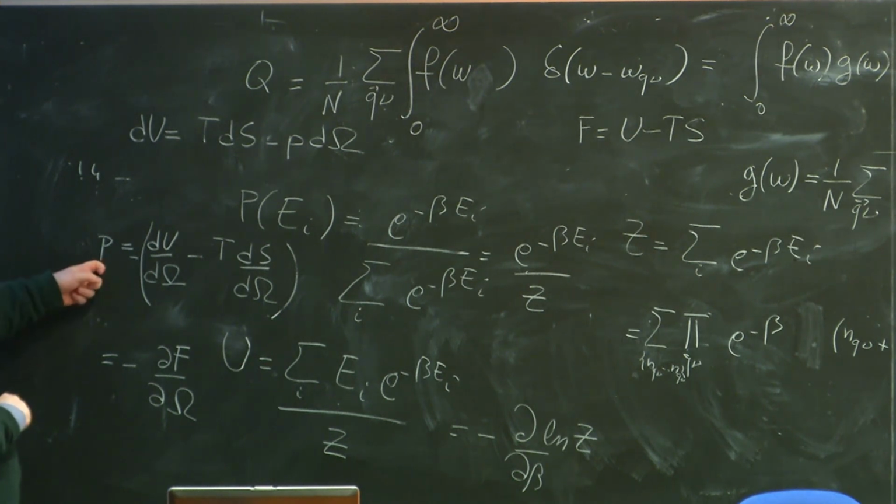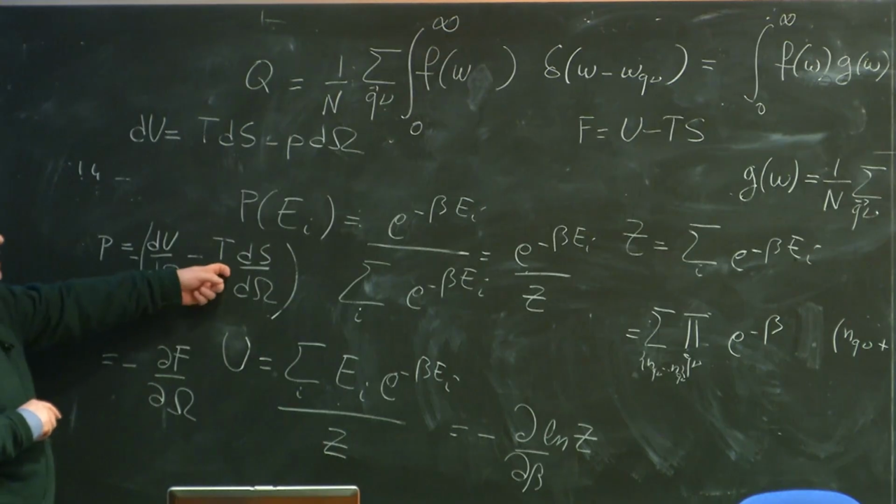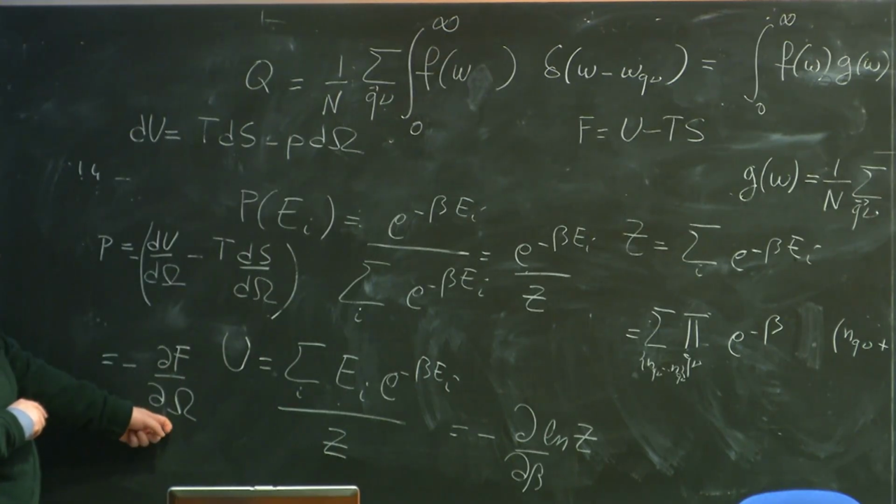And so if we search for a solid where the pressure is 0, we see that at the given temperature T, we have to minimize the free energy with respect to the volume.